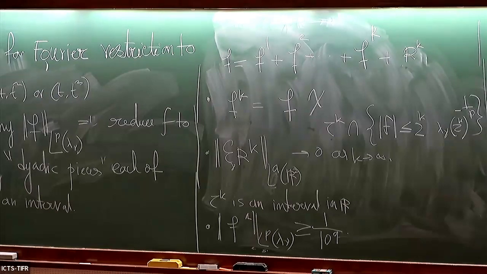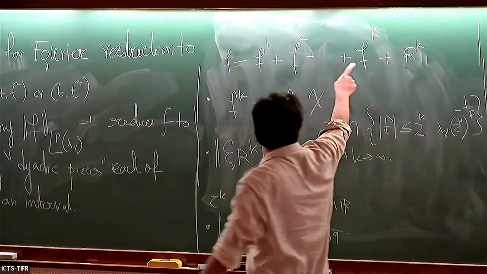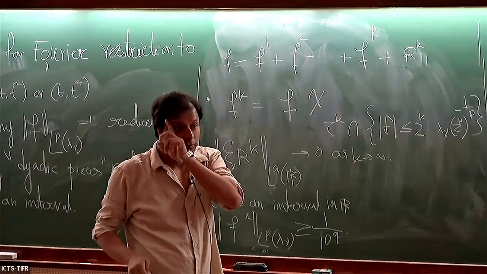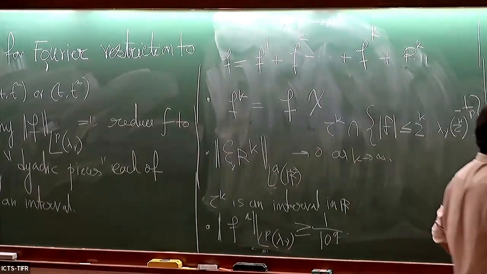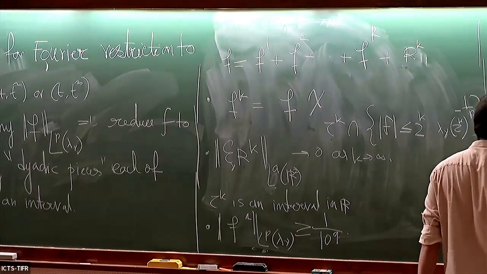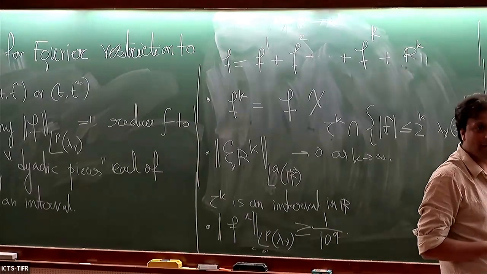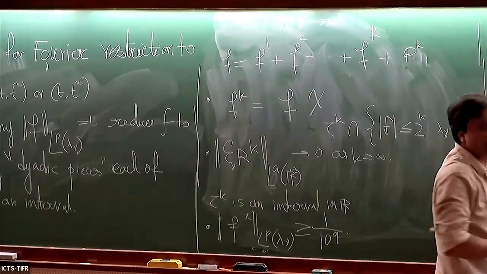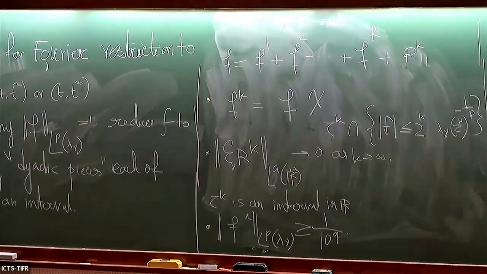Meaning, if I know what f_1 looks like, then f_2, f_3, f_k, and everything will depend on f_1. What I mean by this is, if f_1 looks like the characteristic function of an interval, so do all the other f_k's. But if f_1 blows up, so do the other f_k's, which is what we should expect. Because remember, at the end of the day, what we are expecting is that we have two delta functions, right? So if this is f_1, f_2 better blow up, right?